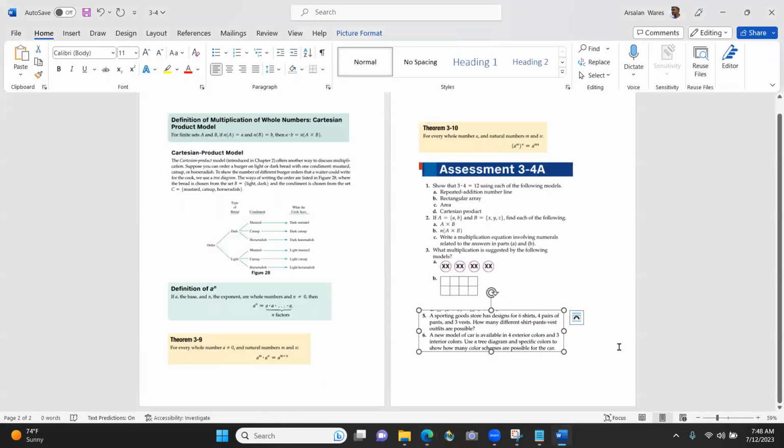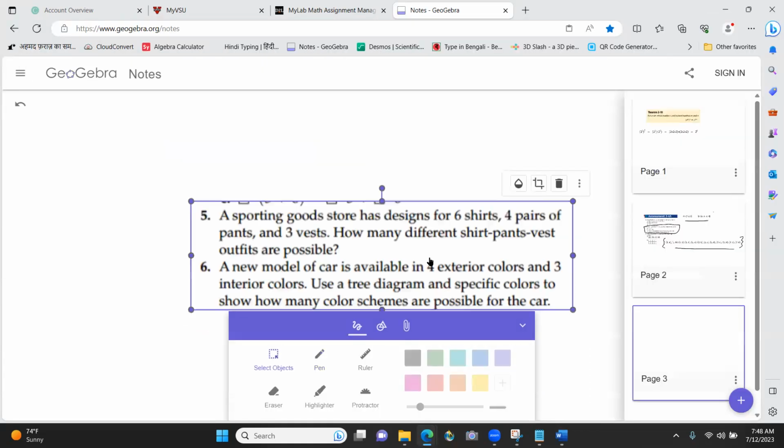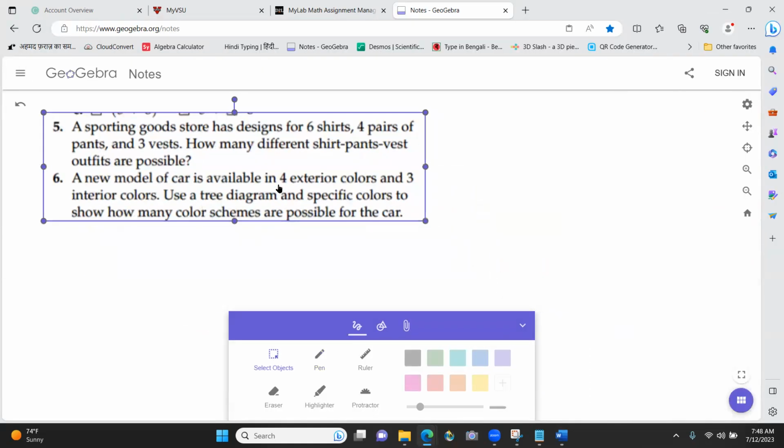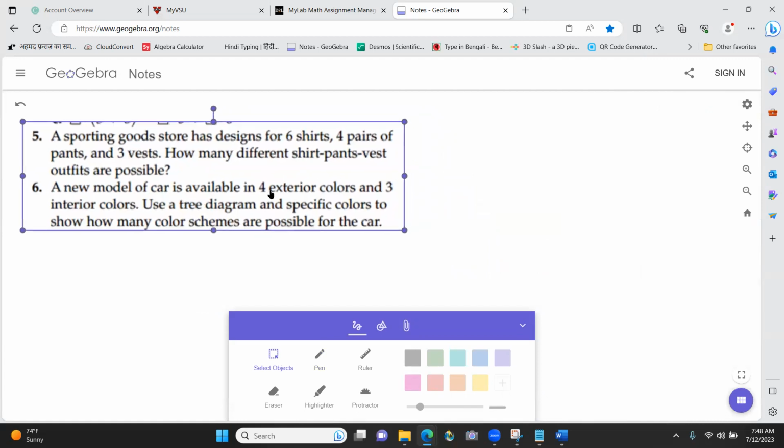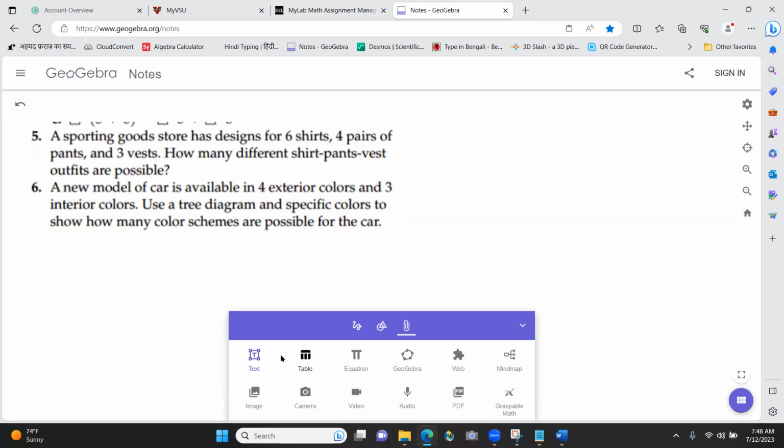Okay, these problems are right here. Now I'm going to use a tree diagram for this one. Number 5: a sporting goods store has 6 shirts, 4 pairs of pants, and 3 vests. How many different outfits are possible? Now I'm going to show you one. You're going to say that has to be 6 times. So shirt one, I'm going to call it S1, can be paired up with 4 pairs of pants.